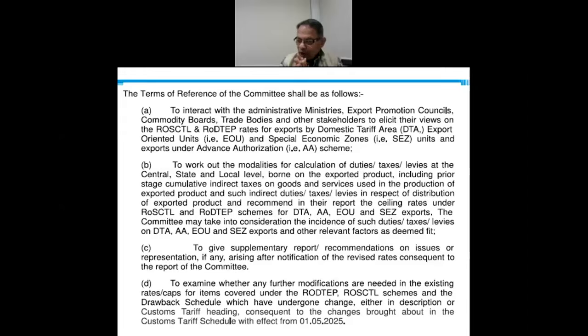In simple terms, in the amended schedule or in the prescribed schedule for RoDTEP, if there are any changes in the HS codes because of revision of HS codes, those corrections also have to be taken into account.